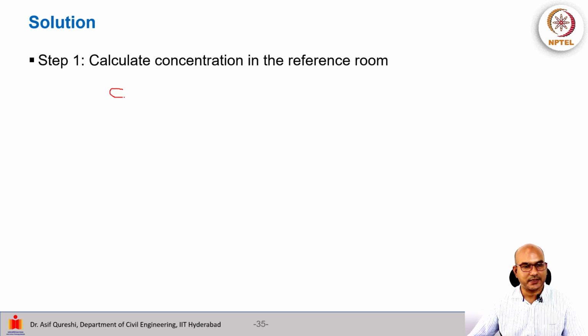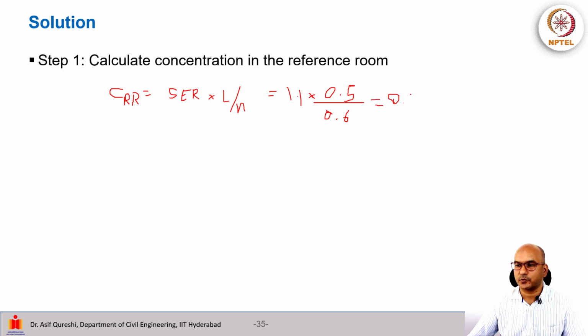So here we will have CRR equal to, we can write the formula, SER multiplied by L divided by N. So this will be 1.1 multiplied by 0.5 divided by 0.6. So this is approximately 0.9 mg per meter cube.